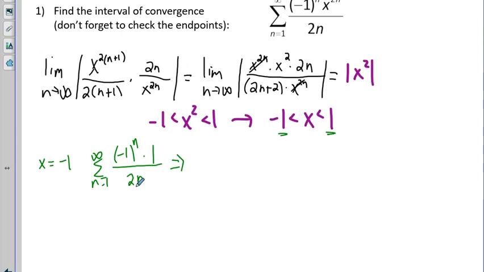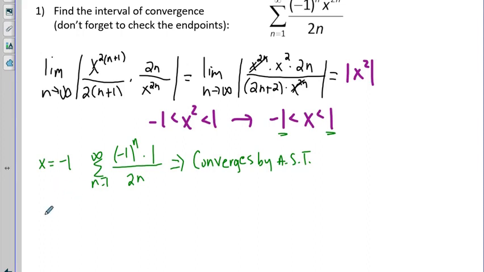We know that 1 over 2n, whether it's a 2, a 3, or 100 down here, 1 over n diverges. So this has a diverging going on, but then when I throw the negative out front, this is behaving like the alternating harmonic series, so this thing actually converges by the alternating series test.